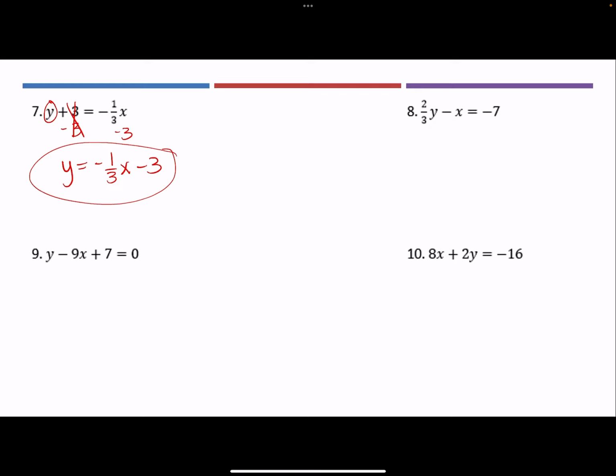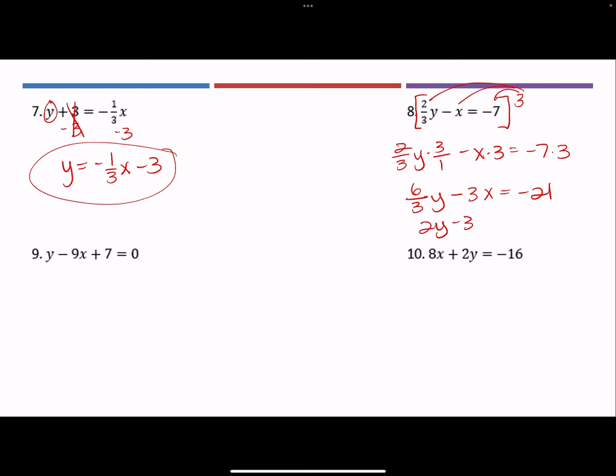Number 8. Now, I do want to get rid of this fraction, so if I wanted to, I could just multiply everything by 3. So we have 2/3 y times 3 over 1 minus x times 3 equals negative 7 times 3. So multiplying these fractions, 2 times 3 is 6, 3 times 1 is 3, minus x times 3 is 3x equals negative 21. 6 over 3 is 2y minus 3x equals negative 21.